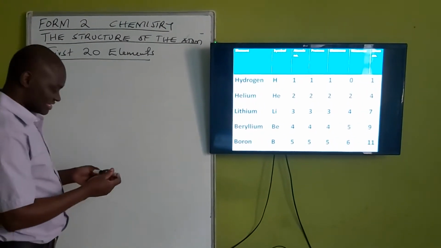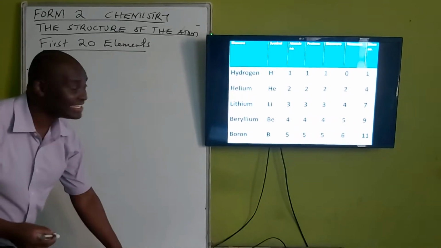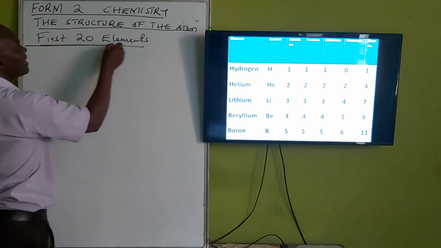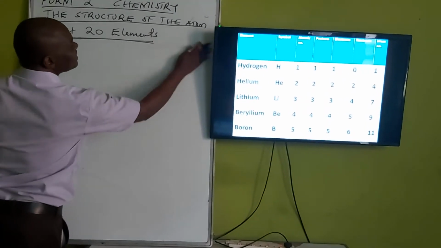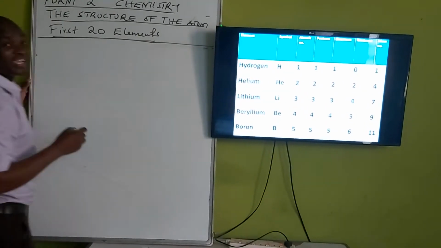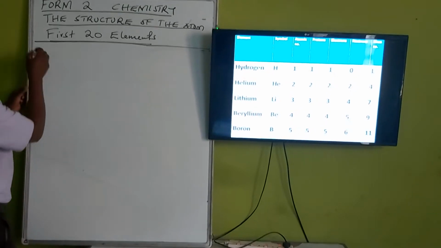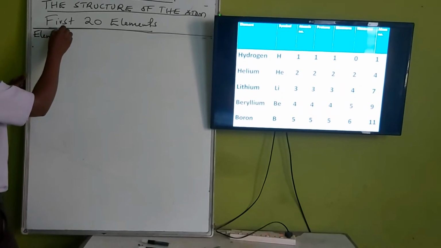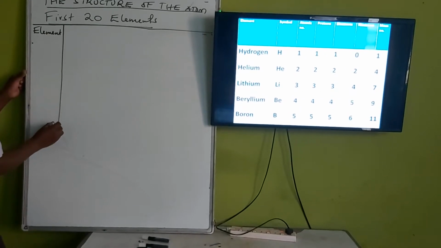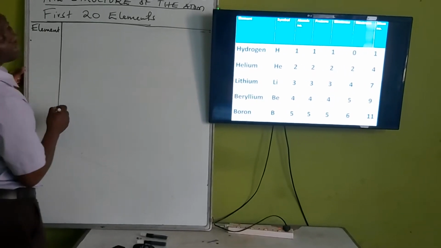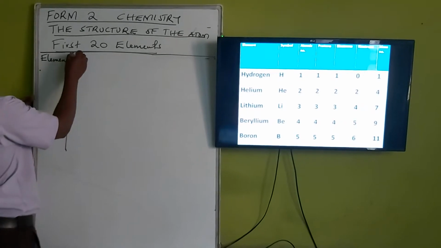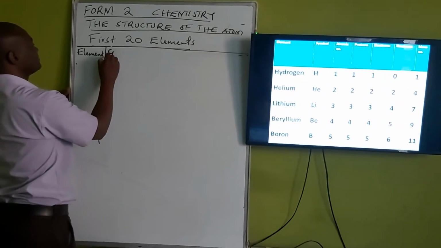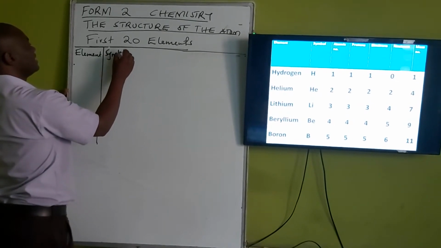I hope you can see that table, but for clarity, I'm going to draw just a section of it here so that we can fill it together. So the first column is the element. The second column is the symbol.